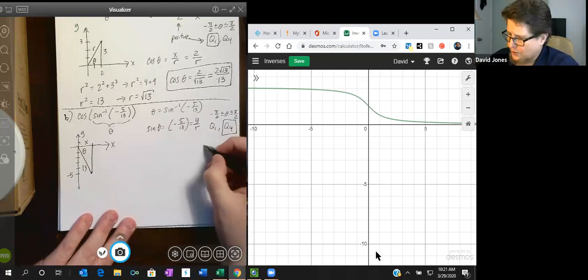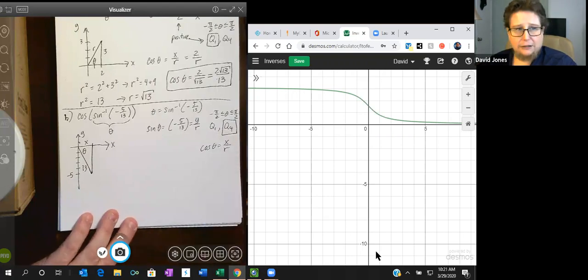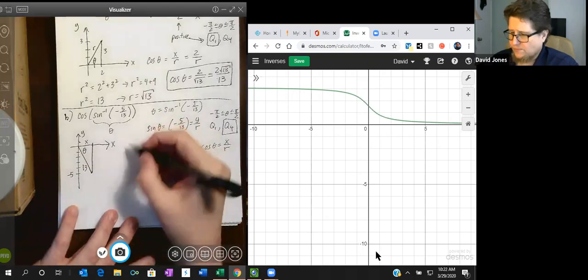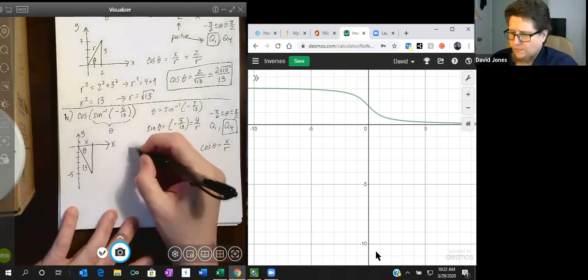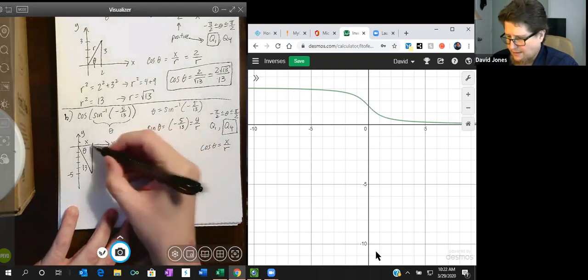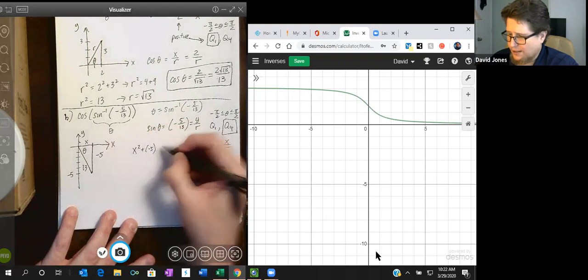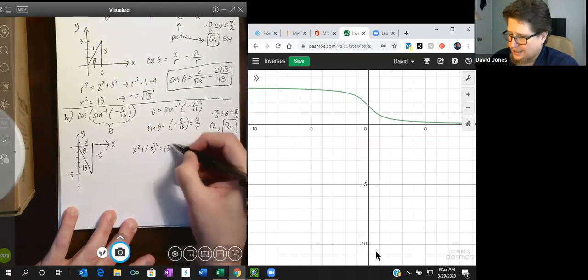So again, cosine theta is x over r. I have r. R is 13. What's x? I've got x squared plus negative 5 squared equals 13 squared.